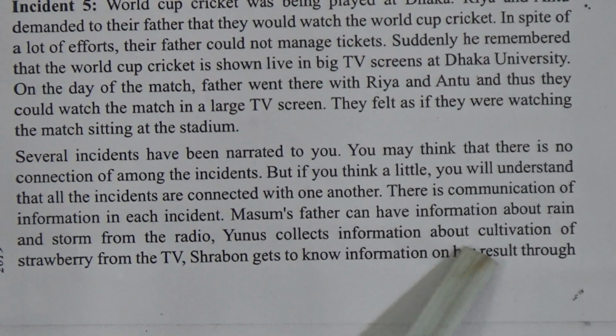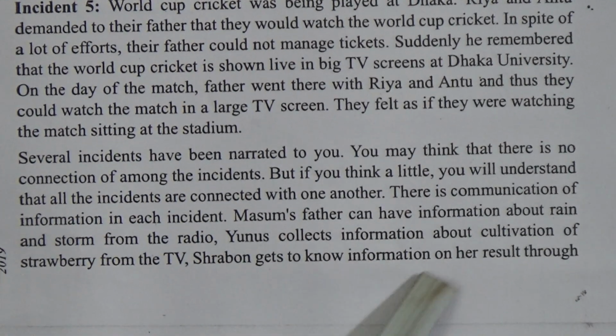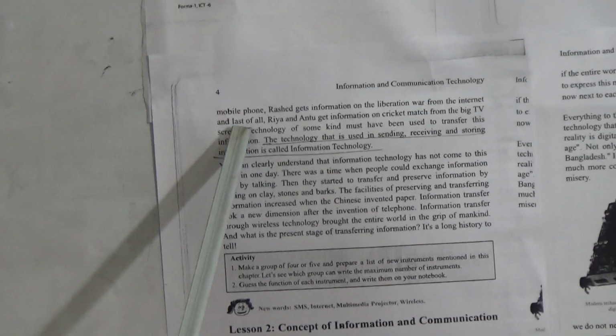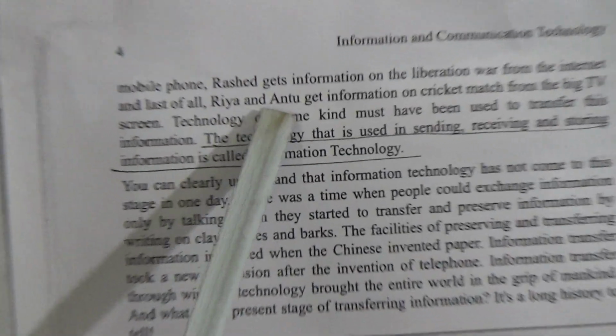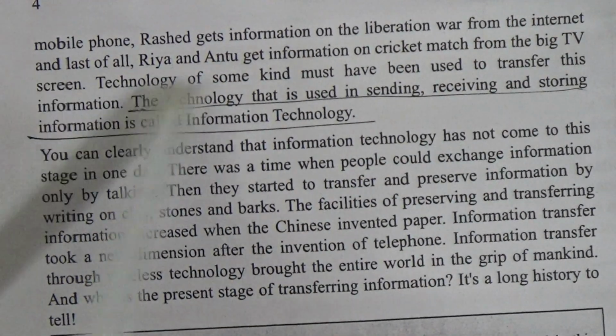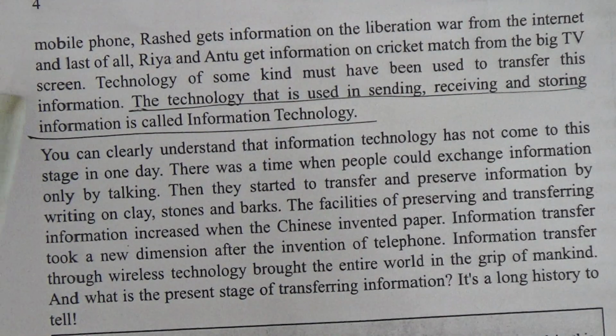Yunus collects information about cultivation of strawberry from the TV. Sravani gets to know information on her result through a mobile phone. Rashid gets information on the Liberation War from the internet, and last of all, Ria and Ontu get information on the cricket match from the big TV screen. Technology of some kind must have been used to transfer this information.